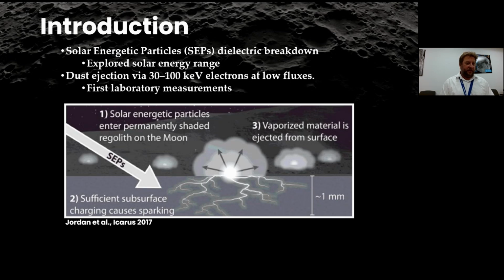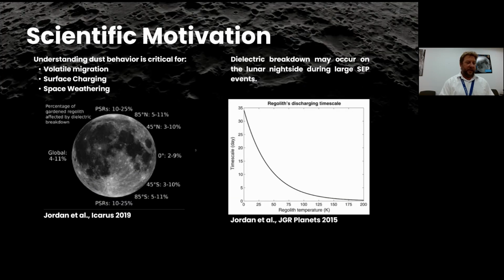The proposition of dielectric breakdown has been studied by a series of papers over the last decade by our co-investigator Andrew Jordan, looking at how this might be very important for volatile migration, surface charging, and of course, space weathering.